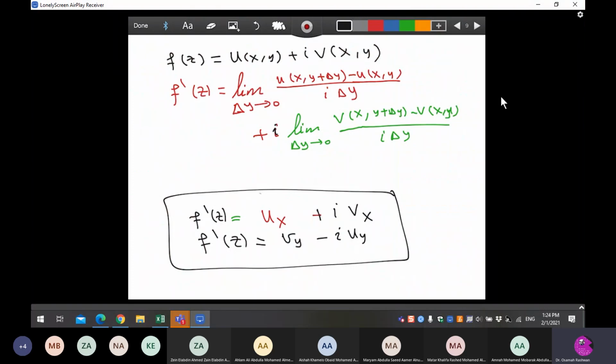Let's go back to an example for this one to find the derivative.